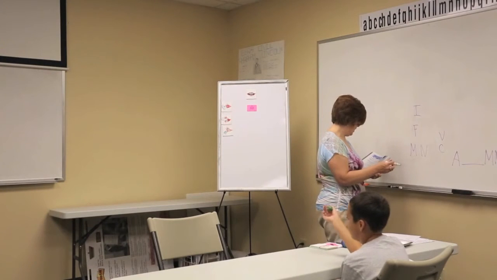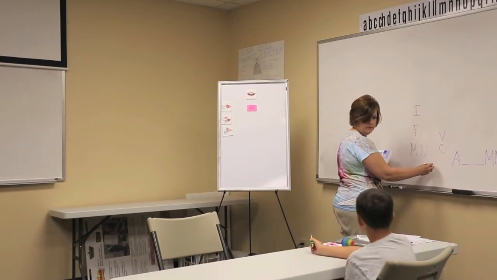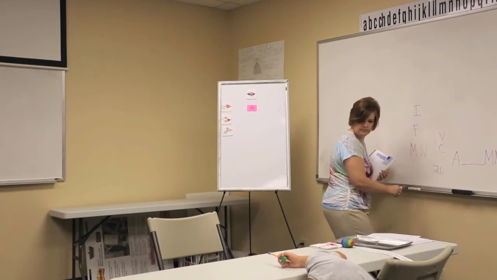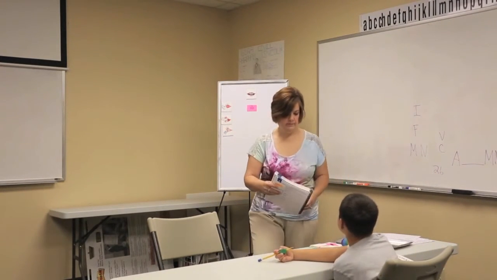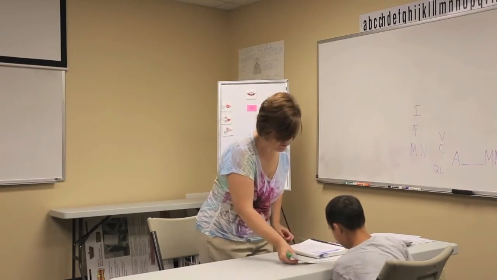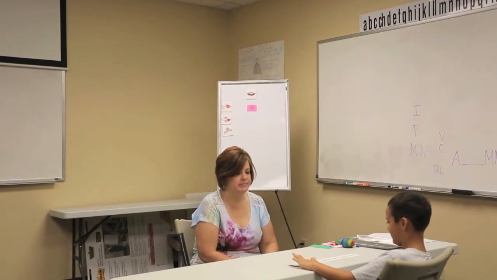How many letters are in the alphabet? 26. All right. Touch and name your alphabet strip, beginning with your beforehand. Get ready? Rubber.